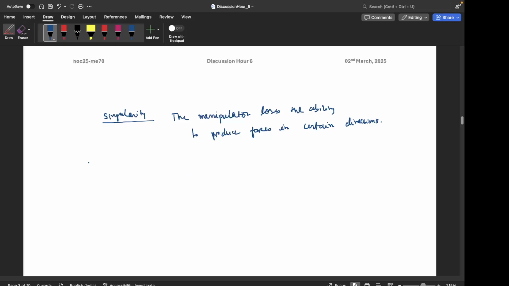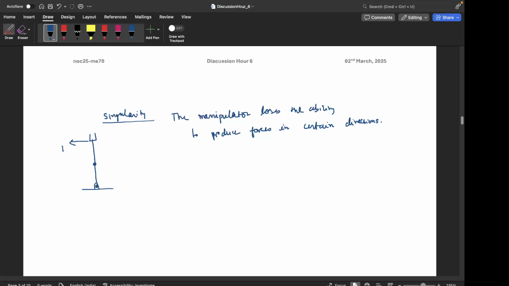So you can imagine that for a 2-hour manipulator, when it is in a singular position, that is, it is completely stretched, then it can apply forces in this direction.